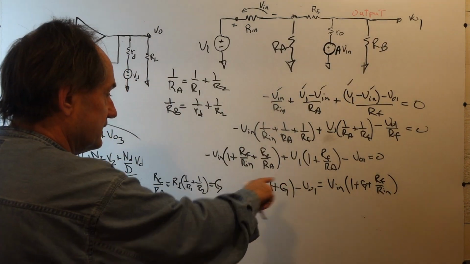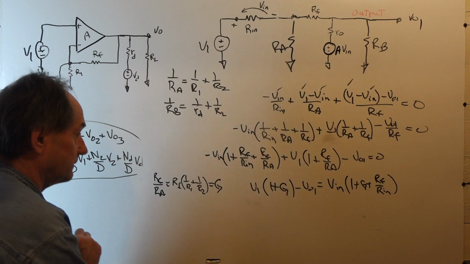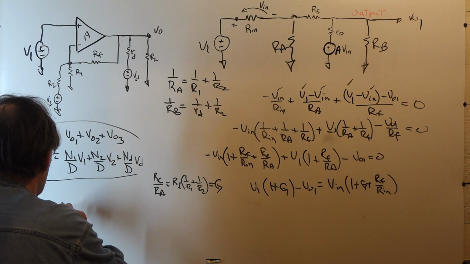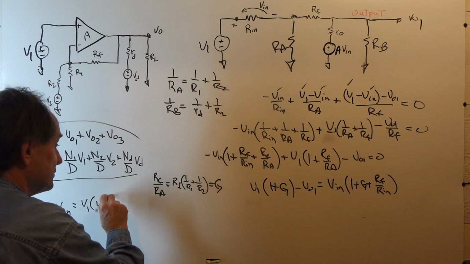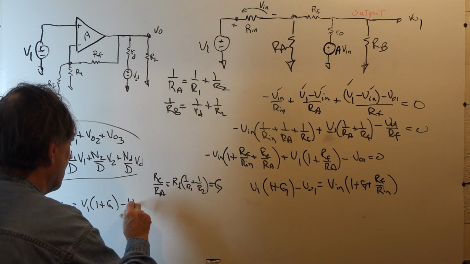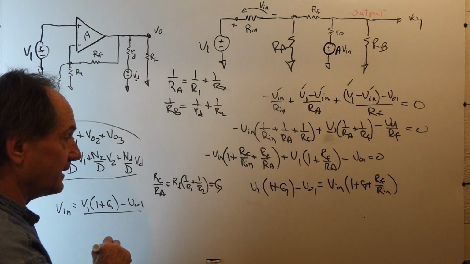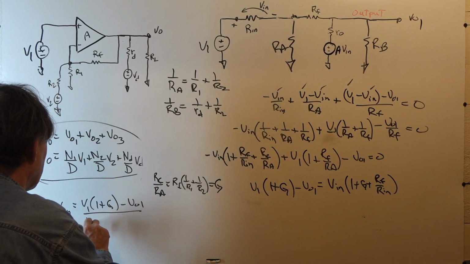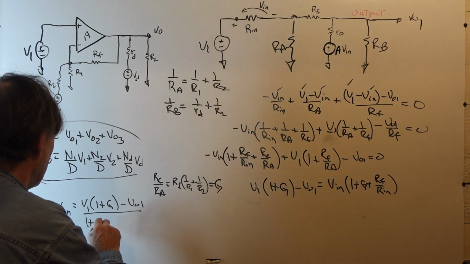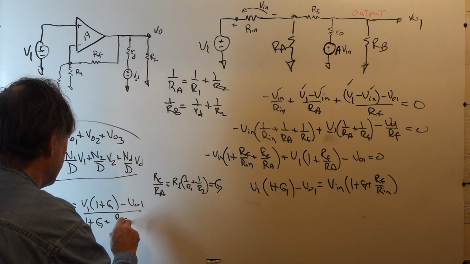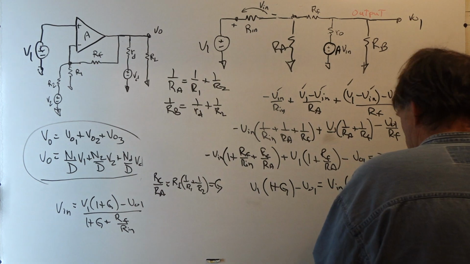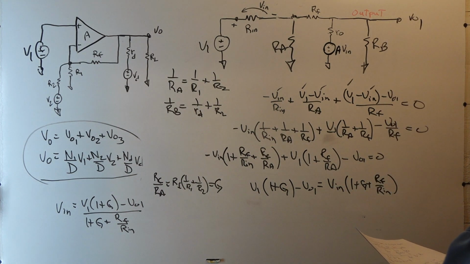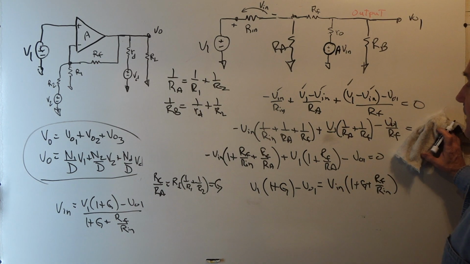And then we solve for Vn. So Vn is equal to V1 times 1 plus G minus VO1, divided by 1 plus G plus RF over Rn.